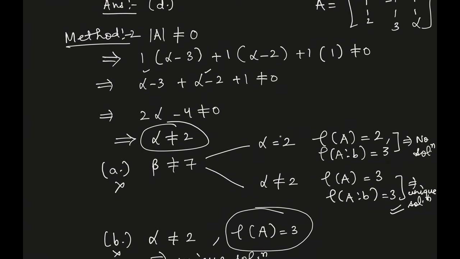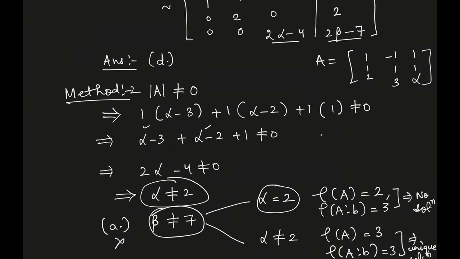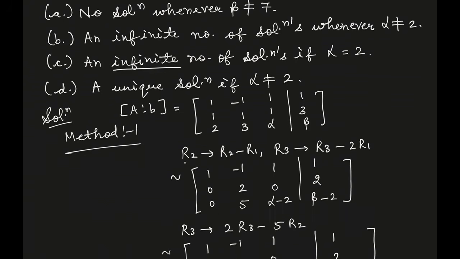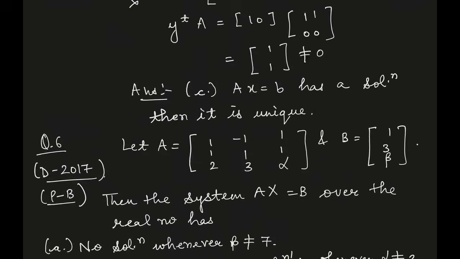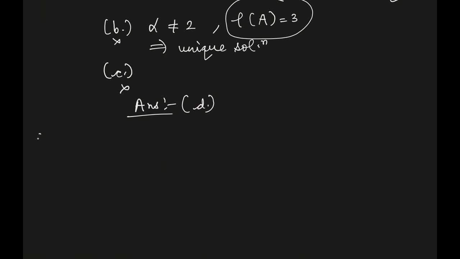There is no restriction on beta, so if beta is not equal to 7, I was getting no solution. So option C is also wrong. So answer is option D only. This was question number 7.